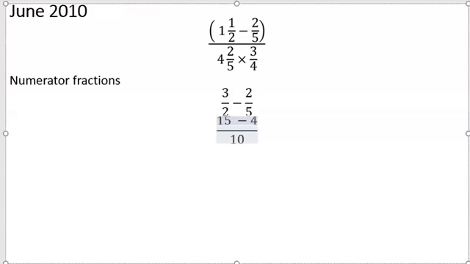So what we have now is 15 minus 4, and that will leave us with 11 over 10 as the answer for the numerator, sorry.